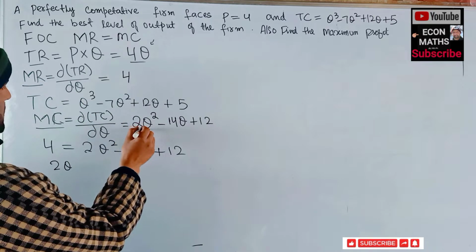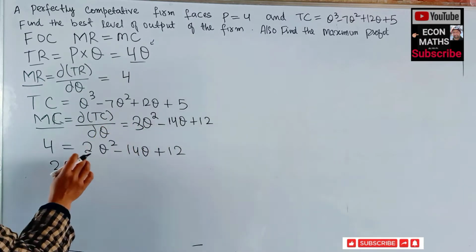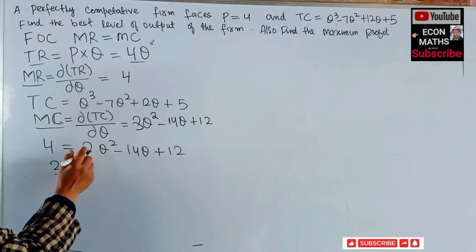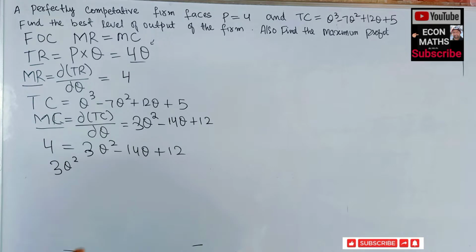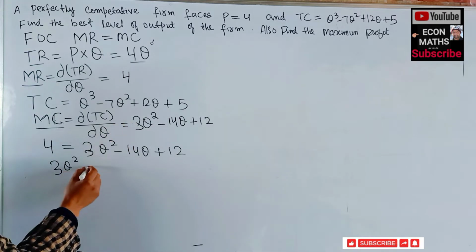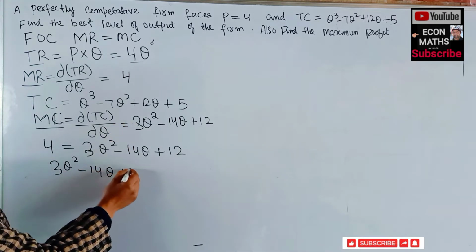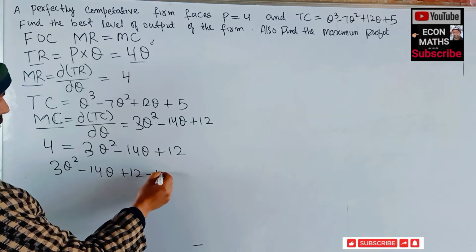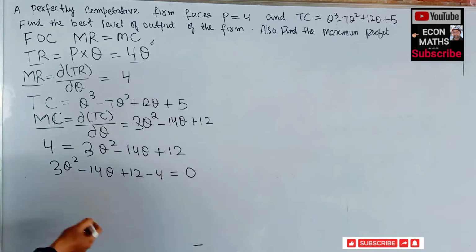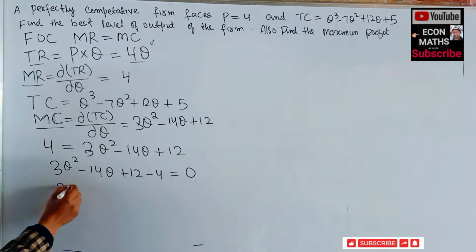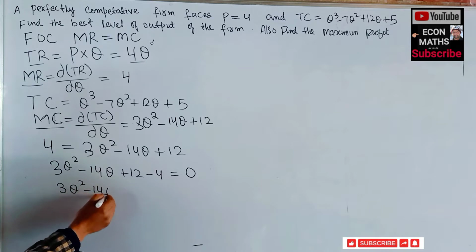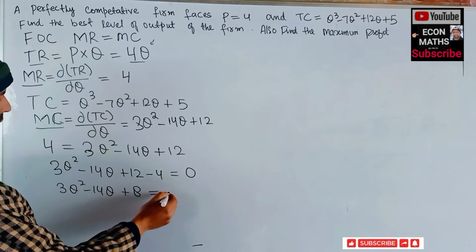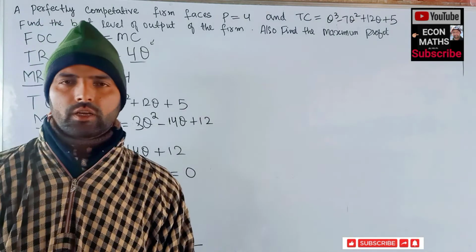So 3q square minus 14q plus 12, and transposing 4 to the left hand side, this is minus 4, equal to 0. Now 3q square minus 14q, 12 minus 4 is 8, plus 8, equal to 0. So we have here a quadratic equation.